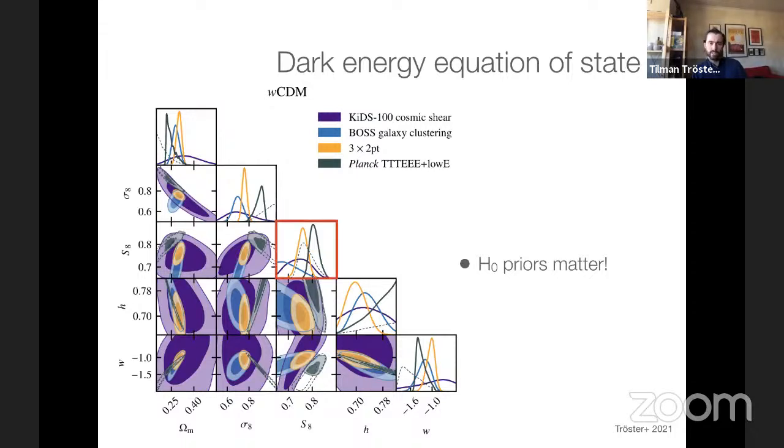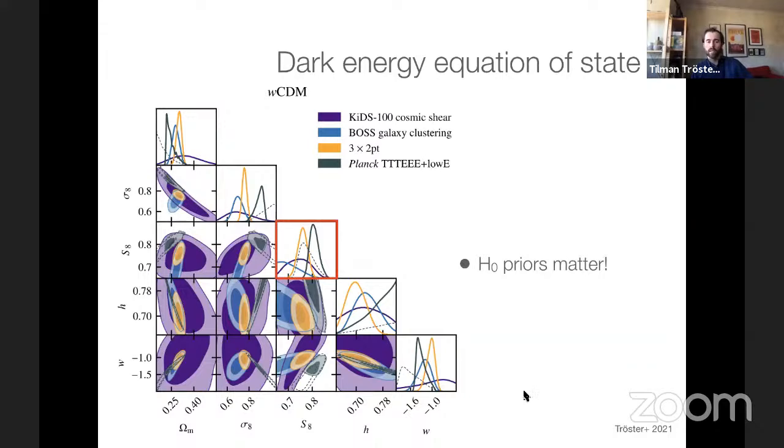But you might have noticed, if you look at S8, it looks like we're good now, because in S8, the agreement is now much better between the 3x2-point results and Planck, once you allow for freedom in wCDM. But it isn't an indication that wCDM is a pretty good model, because our constraint here on w is smack right at -1, which corresponds to lambda CDM.